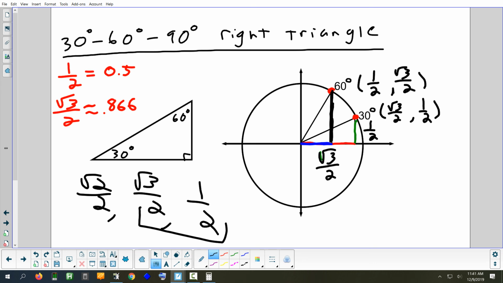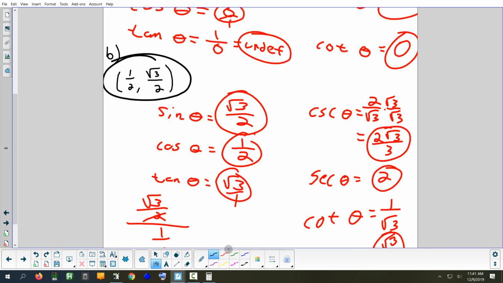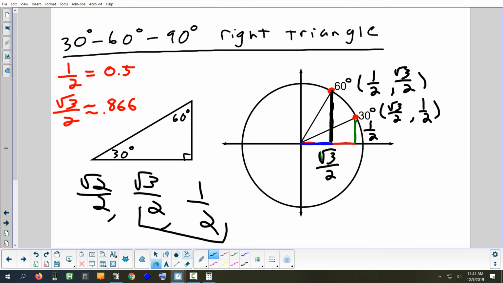Again, I did not prove where those come from because that would take another 5 minutes or so. Okay, but those are the coordinates. So now, whether you really knew it or not, when you did this problem in the first section, 1/2 comma square root 3 over 2, you found all the trig functions of 60 degrees. And I think I said that in the video.